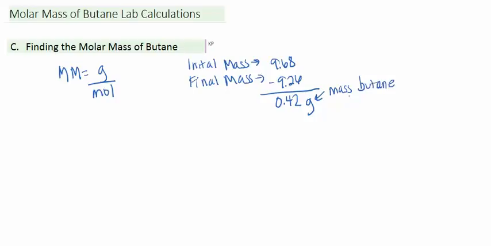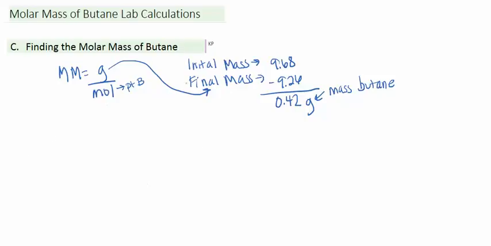To find the molar mass, I then would divide that by the moles, which I just found in part B. So this right here comes from part B, and I just calculated this using the initial and final mass of my lighter for the first trial.